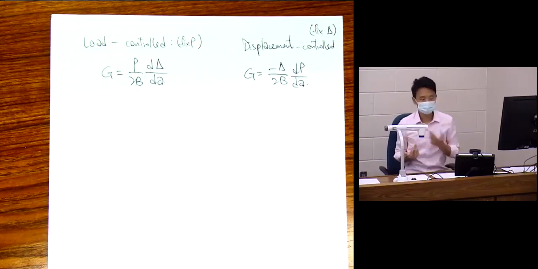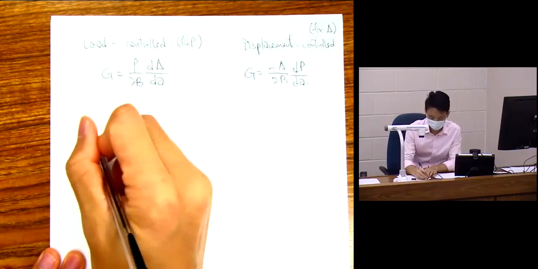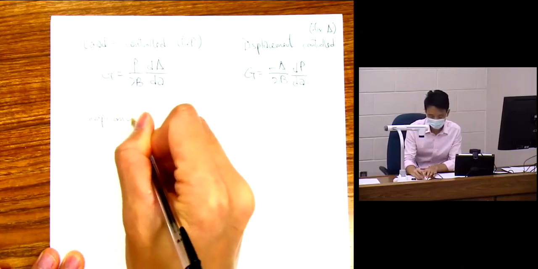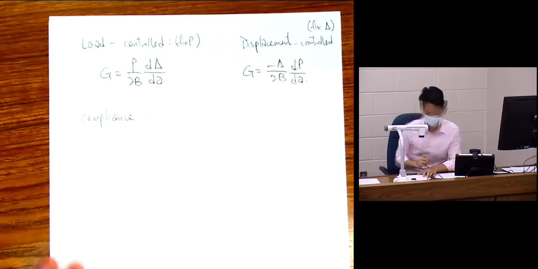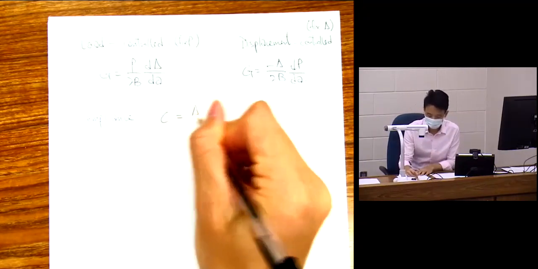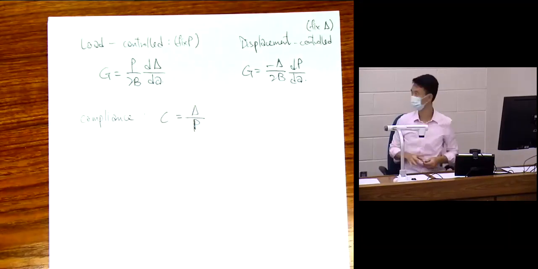Now we can summarize these two equations in one equation by introducing one more variable, which is the compliance. The compliance, we call it C, is just delta over P. So this is the compliance of the solid.